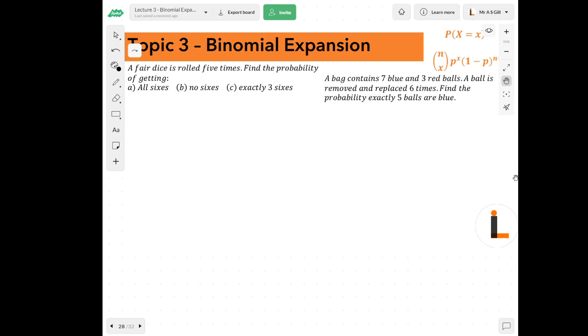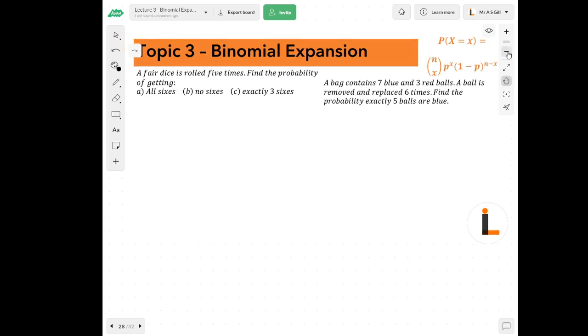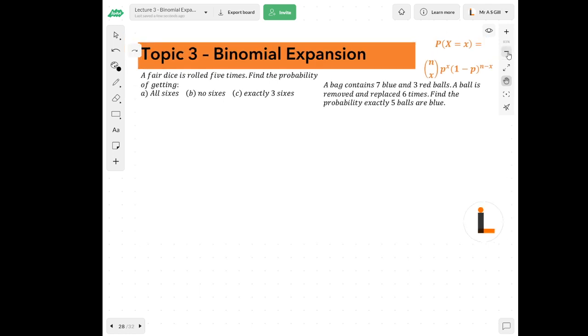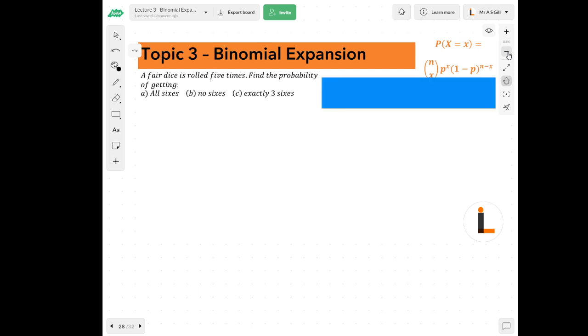Now we've gone from working out possible different options to looking at what that actually means and what the probability is that we get. So let's have a look at this question on the left hand side to start off with. I'll give you a second just to read through that.